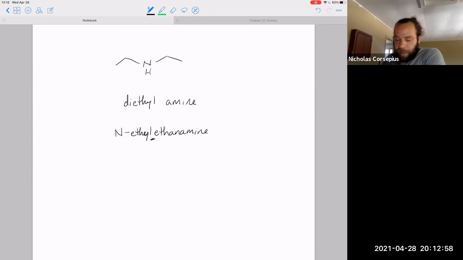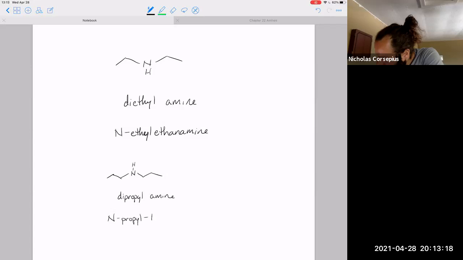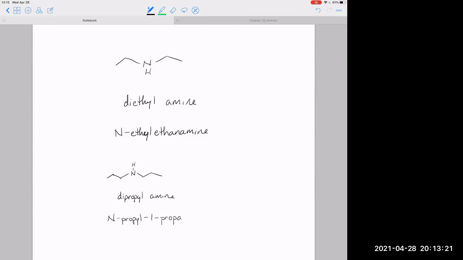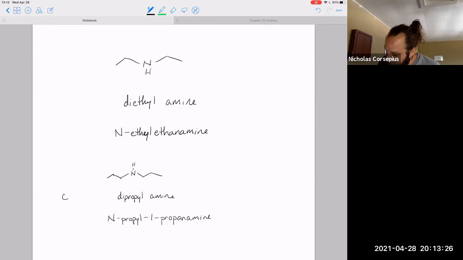You actually don't have to specify the number because there are only two carbons, so it's always going to go on carbon 1. Maybe a better example would be dipropylamine. This would be N-propyl-1-propanamine as the IUPAC name, and dipropylamine as the common name.